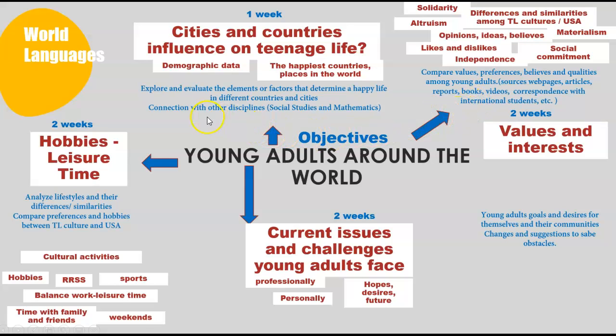They will need to explore and evaluate the elements or factors that determine a happy life in different countries and cities. They need to analyze lifestyles and their differences and similarities, and compare preferences and hobbies between the target language cultures and students or young people in the United States.